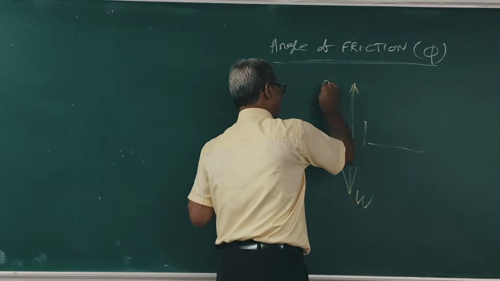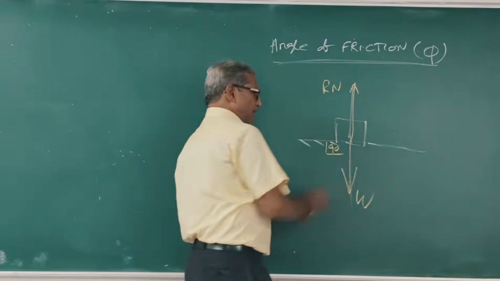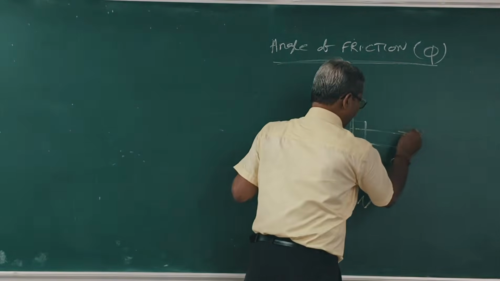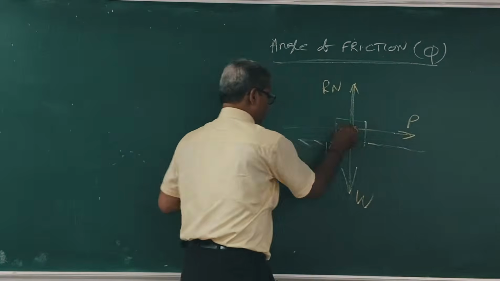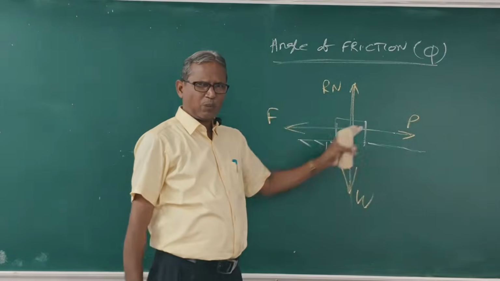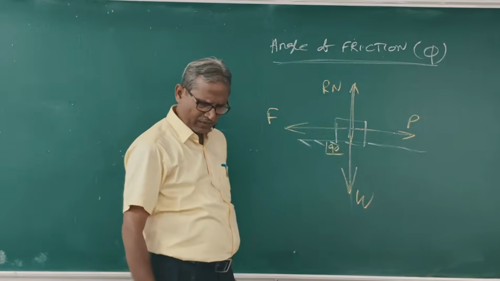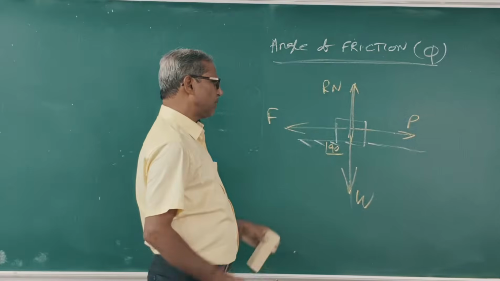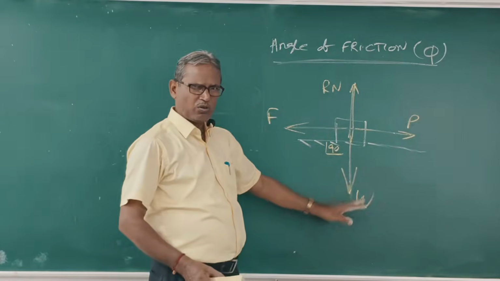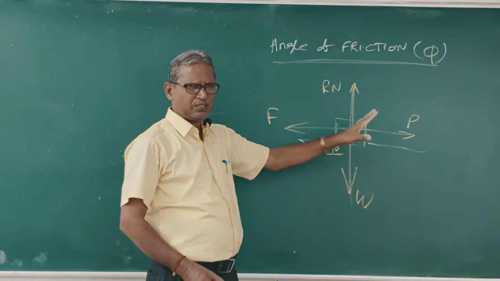Clear? If an applied force P is acting on the body, then the frictional force F acts opposite to the motion of the body, or opposite to the direction of P. Now, Rn is equal to W, P is equal to F. The body is in equilibrium condition.